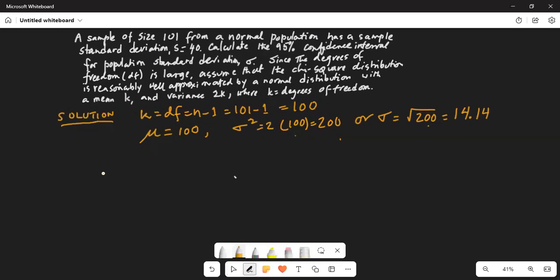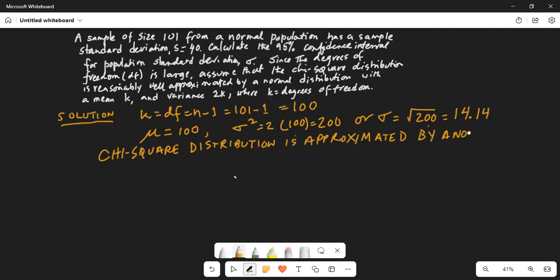The chi-square distribution is approximated by a normal distribution, and I'll show it to you in a minute.